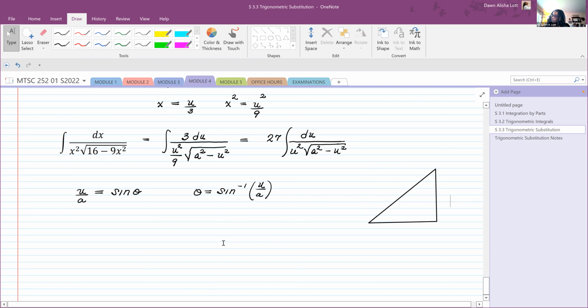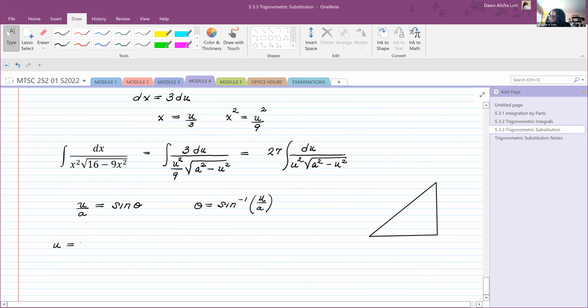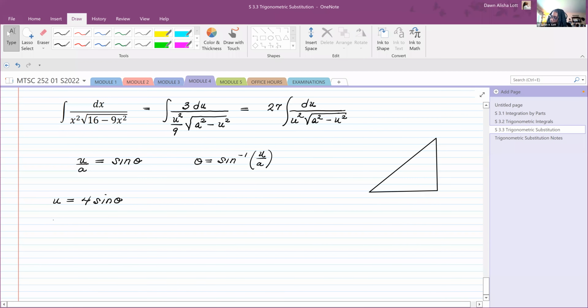Okay, so u is equal to, what was a? I think a was 4. 4 times the sine of theta. And du is 4 cosine theta d theta.